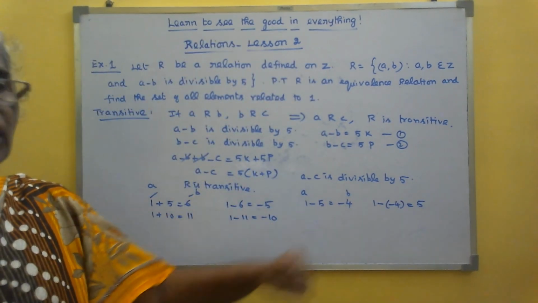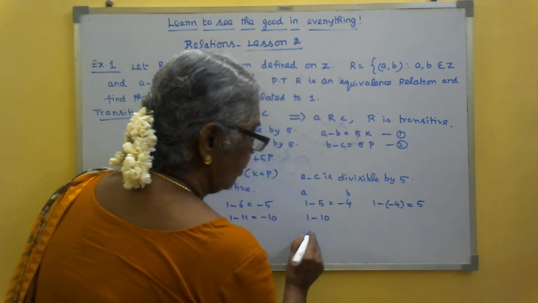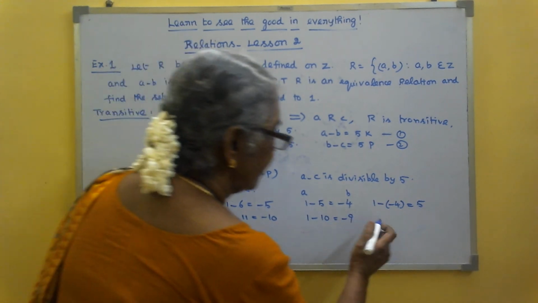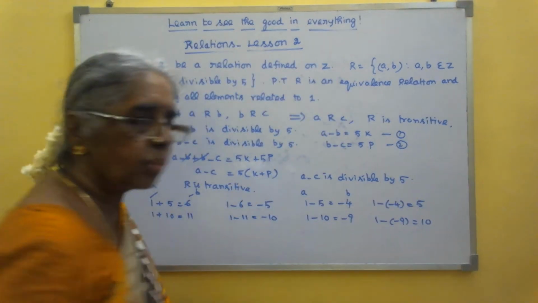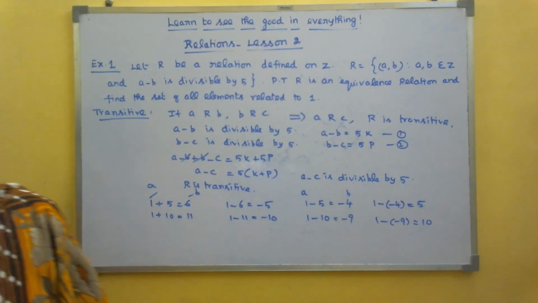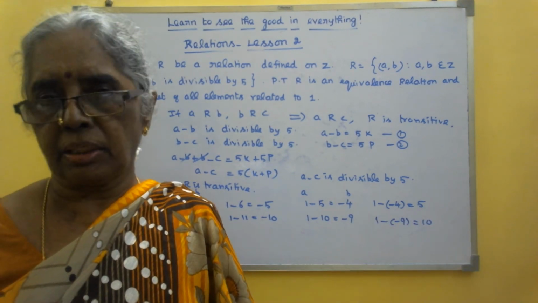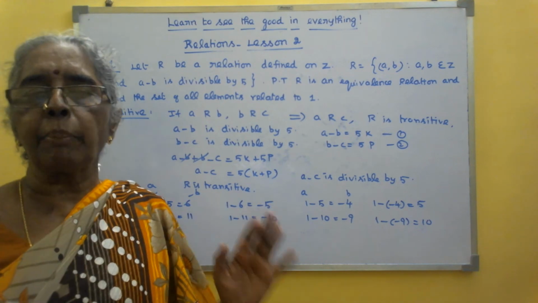So that is also divisible by 5. Come to the next one. 1 minus 10. Okay. So 1 minus 10 is minus 9. This is A, this is B. So 1 minus of minus 9, which is 10. So now I can go on adding multiples of 5. I can go on subtracting multiples of 5. Okay. So that A minus B will be divisible by 5.